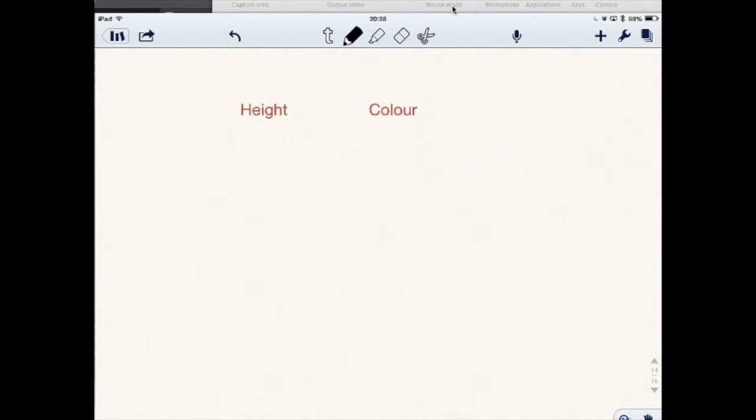To illustrate this, I'm going to take two simple traits like height and color. I'm going to represent tallness with big T and smallness with little t, redness with a big R, and whiteness with a small r.